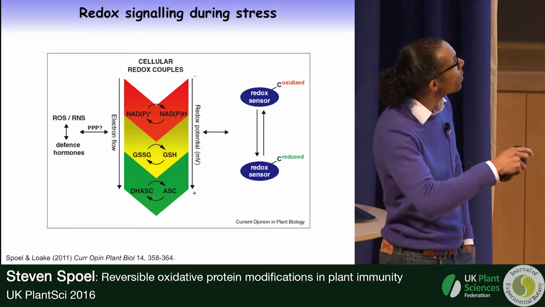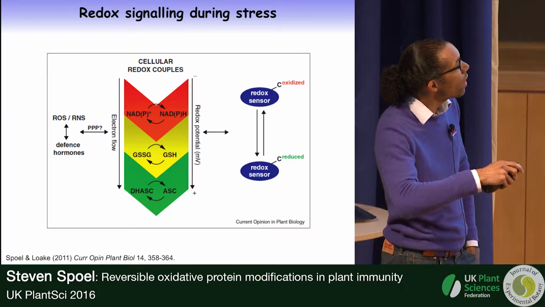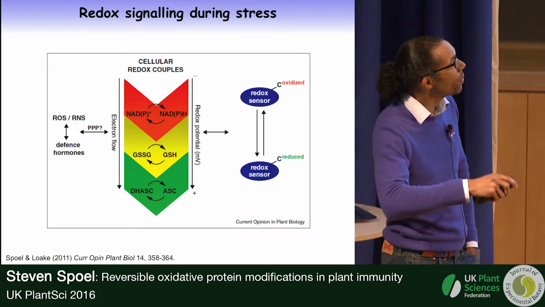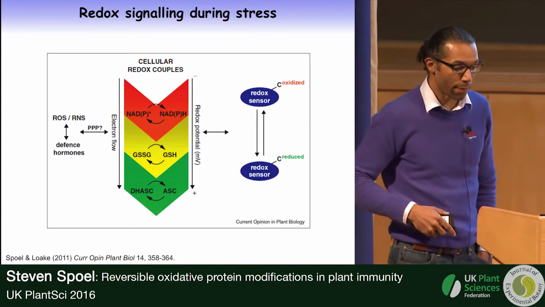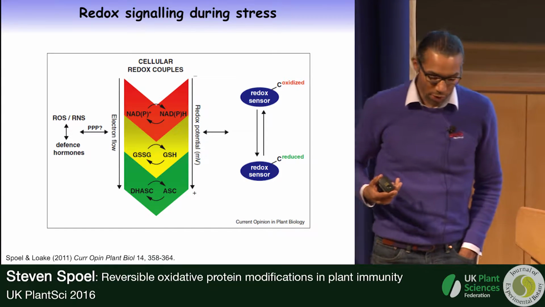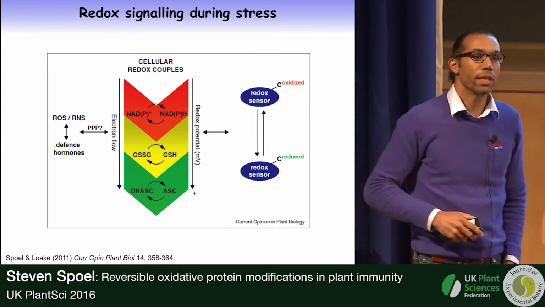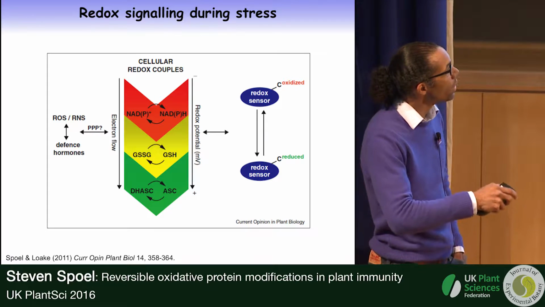But both of these, both the ROS RNS and the redox couples, have a particular output that can be sensed by different proteins, which I will call redox sensors in my talk here. And redox sensors contain sensitive cysteine residues that can either be in an oxidized state or in a reduced state, and that can reversibly switch between these different states.